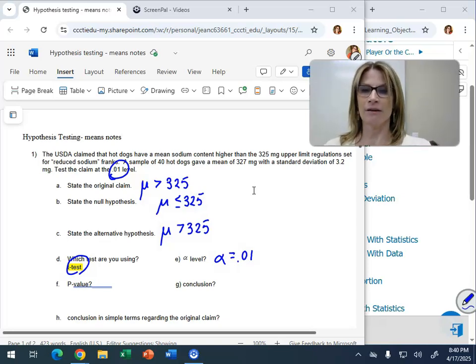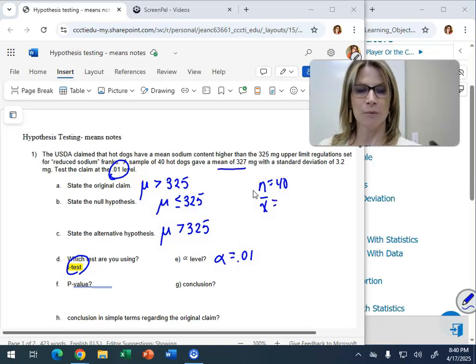We're going to write down everything we know. We know the sample size is 40. We know the sample mean. The sample mean is 327. The sample standard deviation is 3.2.